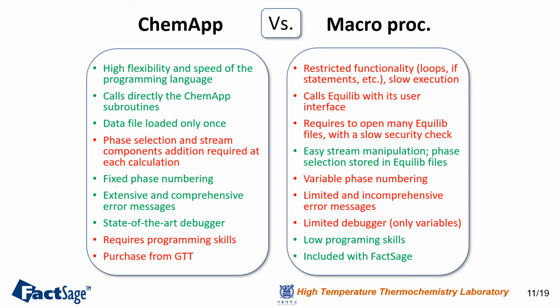Simulation using the macro processing code is slow, but it is very easy to make a process model in the beginning and very easy to change it. So even today, when we develop a new process model, we first start with the package macro processing code and test all our concepts. Once we believe that our model is ready, we change it to the ChemApp-based model. By changing to the ChemApp-based model, we can increase the speed of the calculation, which can be even faster than the real operation in the plant.